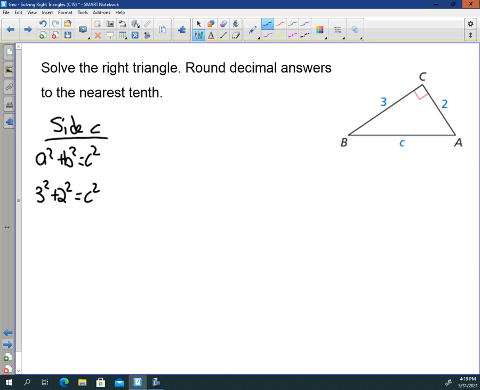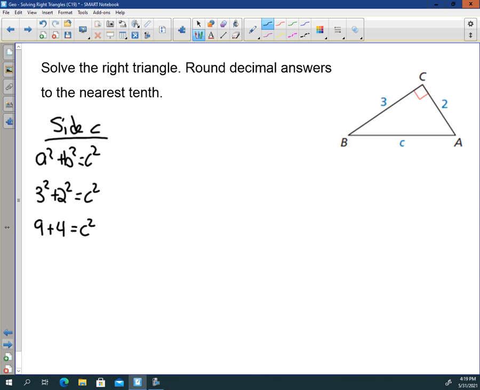This is a pretty straightforward use of the Pythagorean theorem. 3 squared is 9, plus 2 squared is 4, equals C squared. Don't forget, you have to square first. Please don't say that C is 1 squared, or 5 squared. Hopefully you can see why I'm saying that. You got to do the squaring.